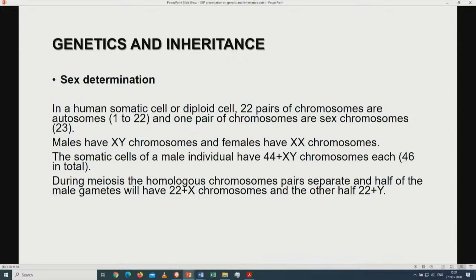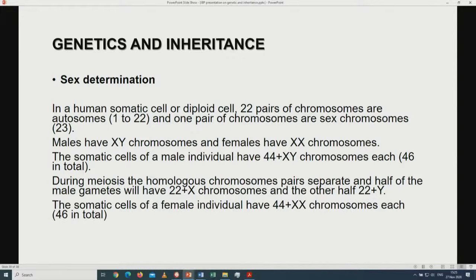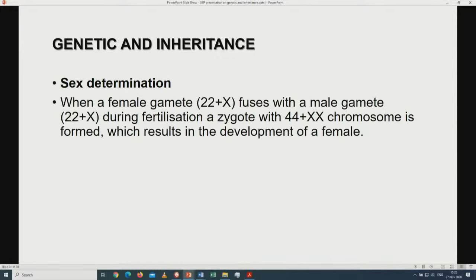During meiosis, the homologous chromosome pairs separate, and half of the male gametes will have 22 plus X chromosomes and the other half will have 22 plus Y. The somatic cells of females have 44 autosomes and 2 sex chromosomes, represented as XX, with a total of 46 chromosomes.